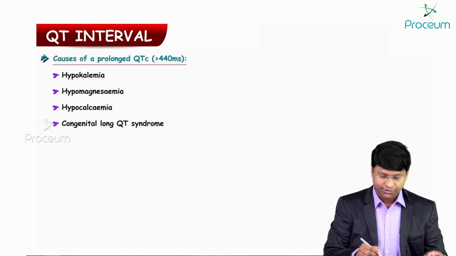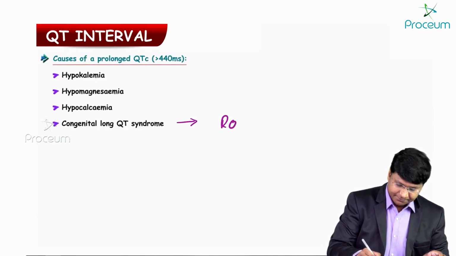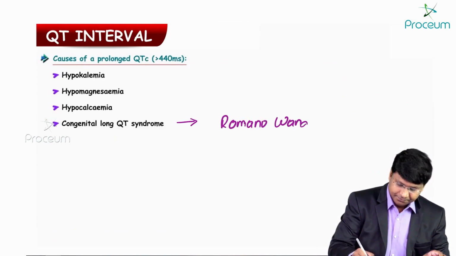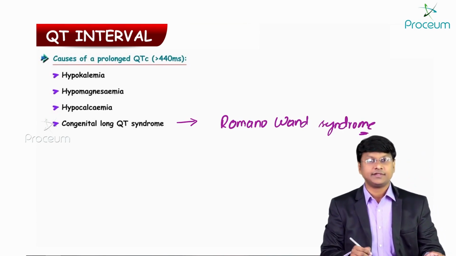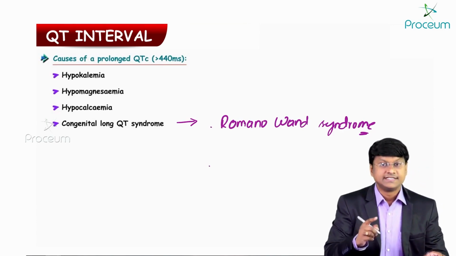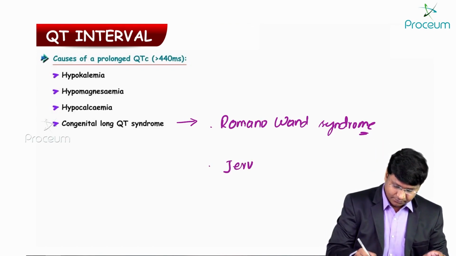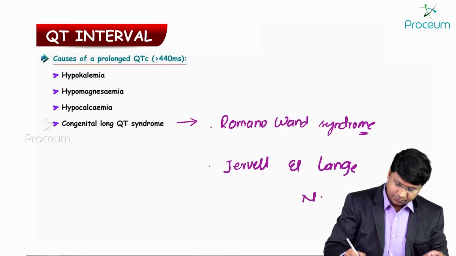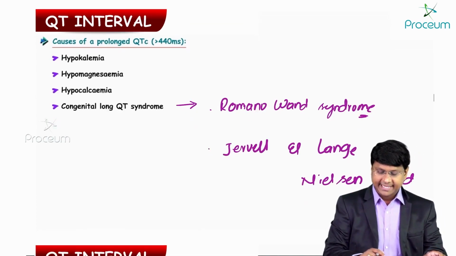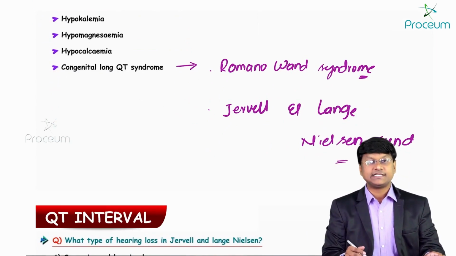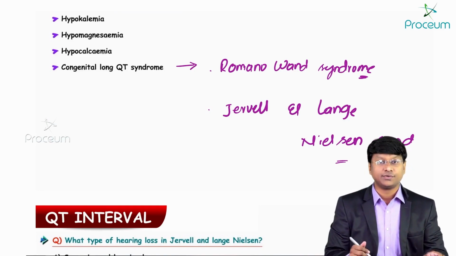The congenital long QT syndrome is seen in Romano-Ward syndrome, and the other condition where you will have long QT syndrome is Jervell and Lange-Nielsen syndrome. So these are the two congenital causes for long QT syndrome.